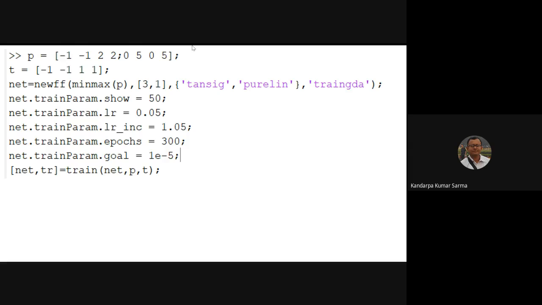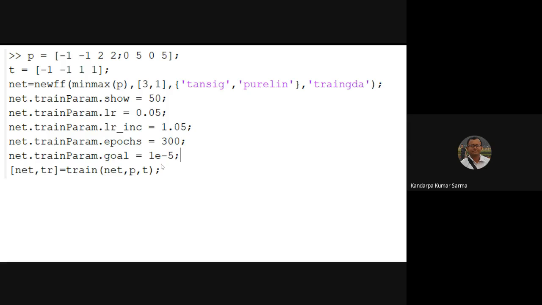So here is one such training method. Same thing, pattern and targets are defined. The minmax function is used to capture the minimum and the maximum values of the pattern. Then finally we have used train GDA.